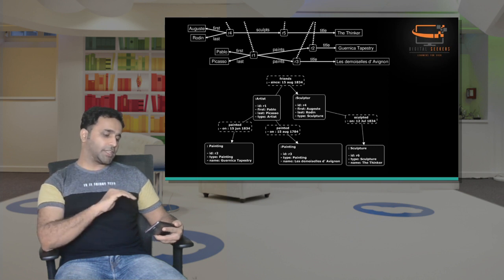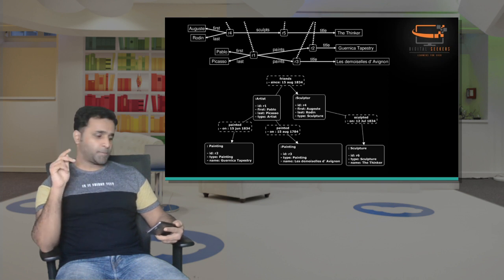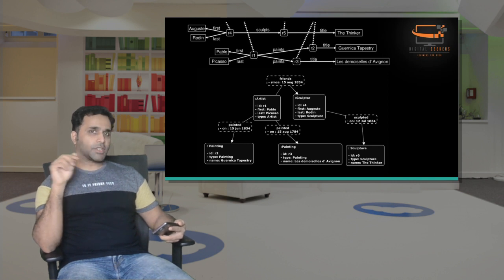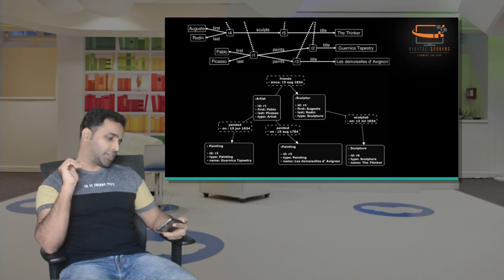So you can now see that everything is coming as rectangular boxes. Each box has name value pairs, they are the properties, and each box has a label. So the dotted boxes are edges and the solid boxes are vertices. This is our notation now.